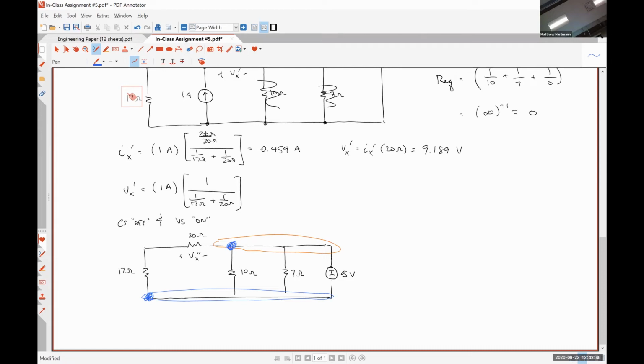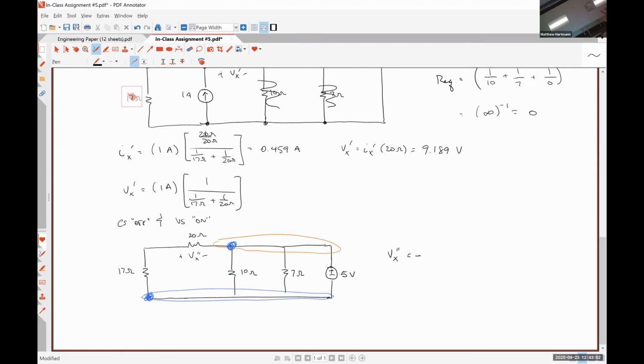Yes, it's 5 volts. So this is a perfect place to apply the principle of voltage division without having to do any extra work. So using voltage division, we can say that Vx double prime is going to be negative.